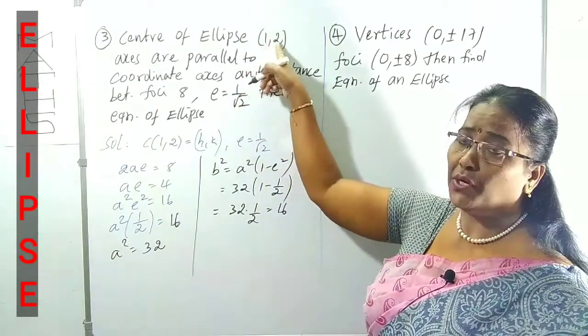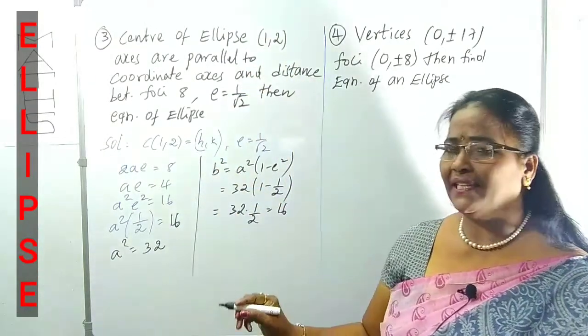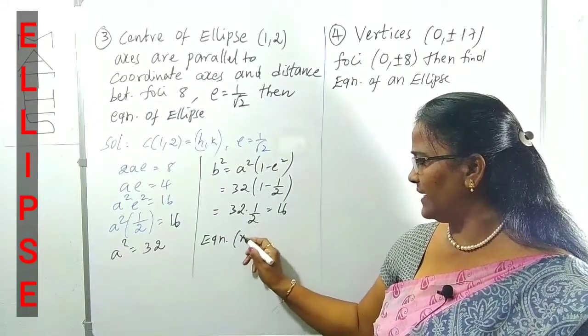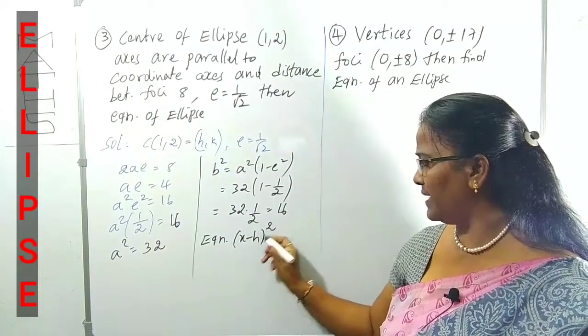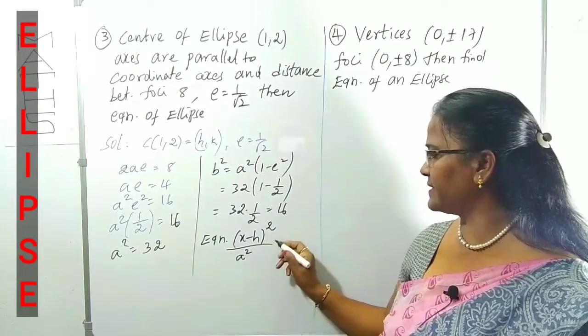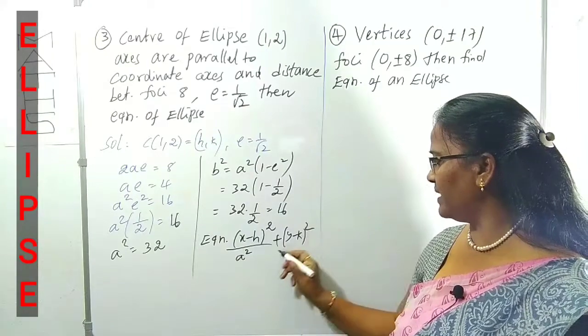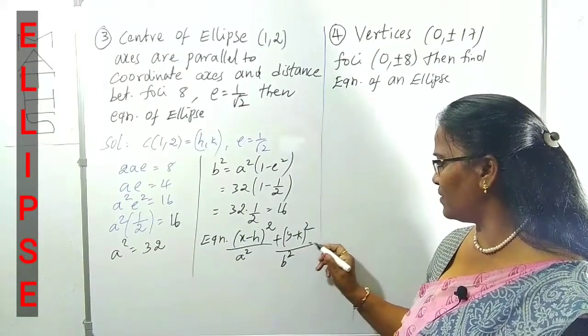The center is at (1, 2), meaning (h, k). In that case, we can choose the equation of the ellipse as (x minus h) whole square by a square plus (y minus k) whole square by b square is equal to 1, right?